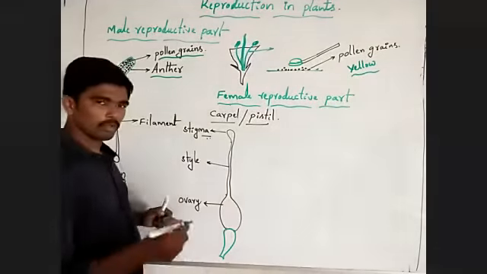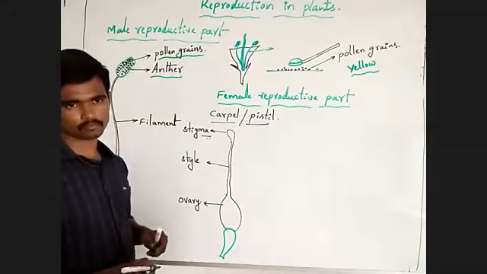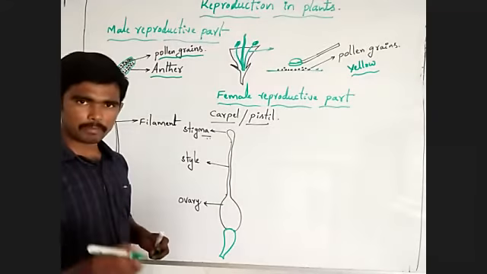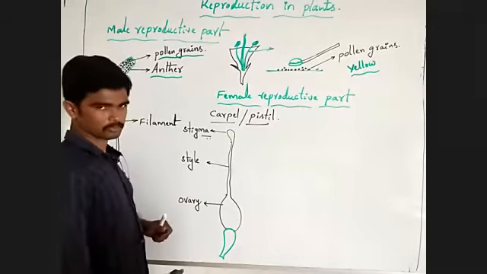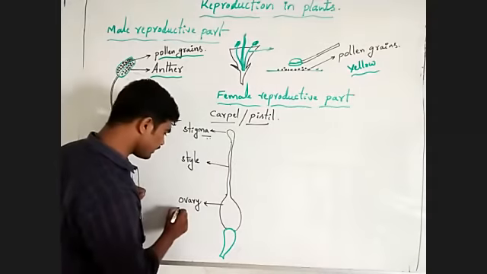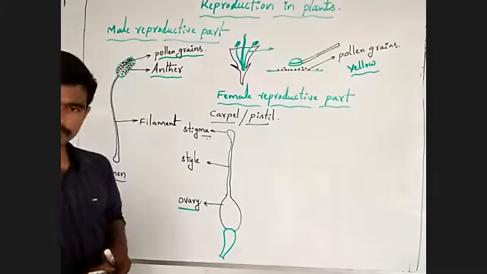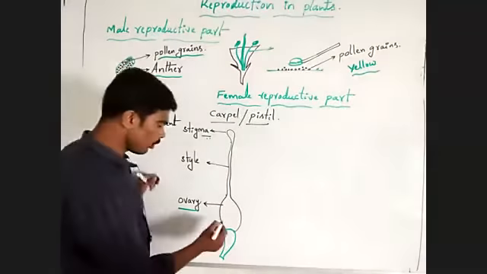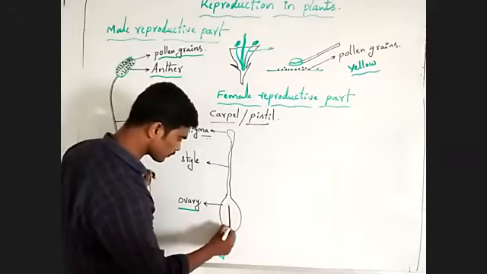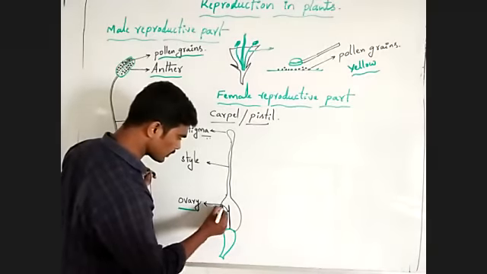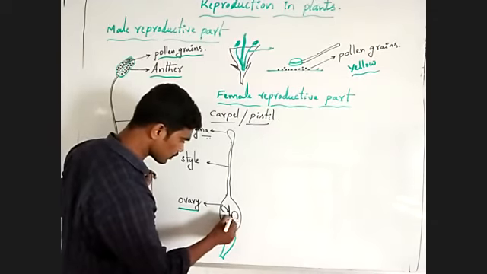Here, the female gametes, a very important female reproductive structure, are located inside the ovary. Inside the ovary, some oval-shaped structures are present.